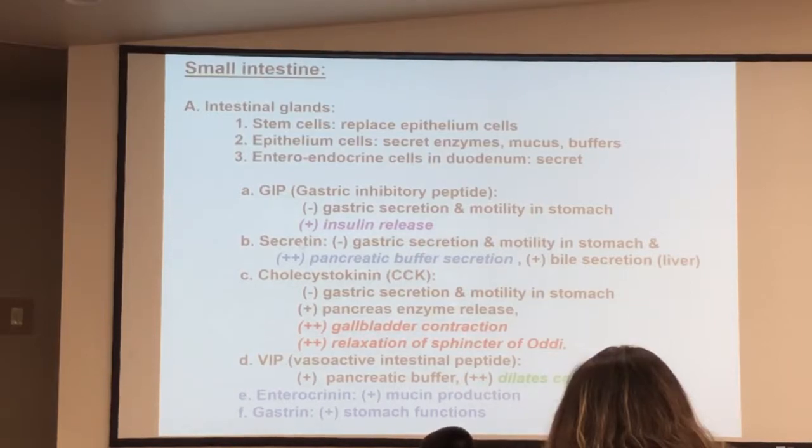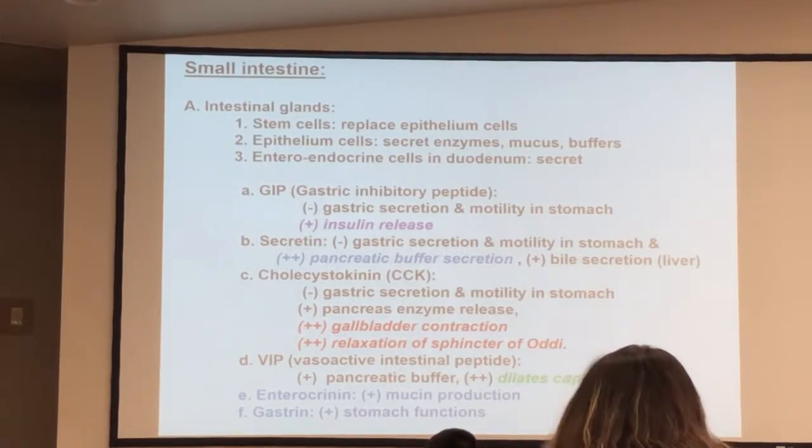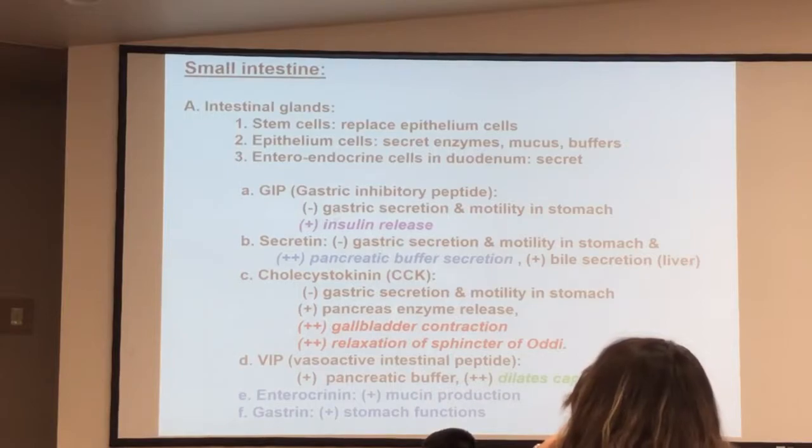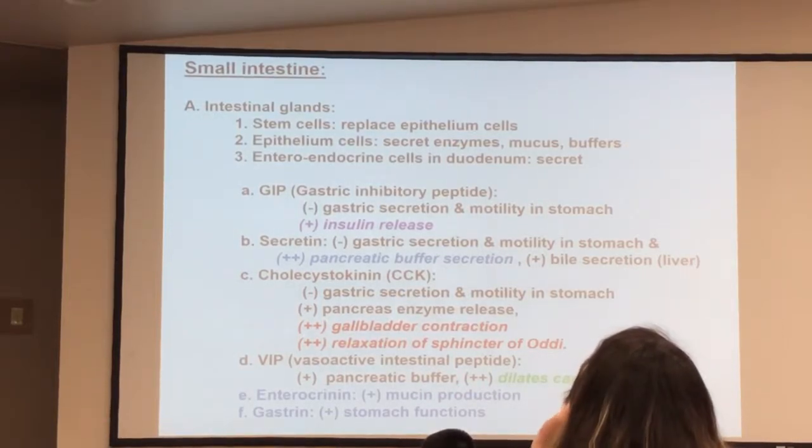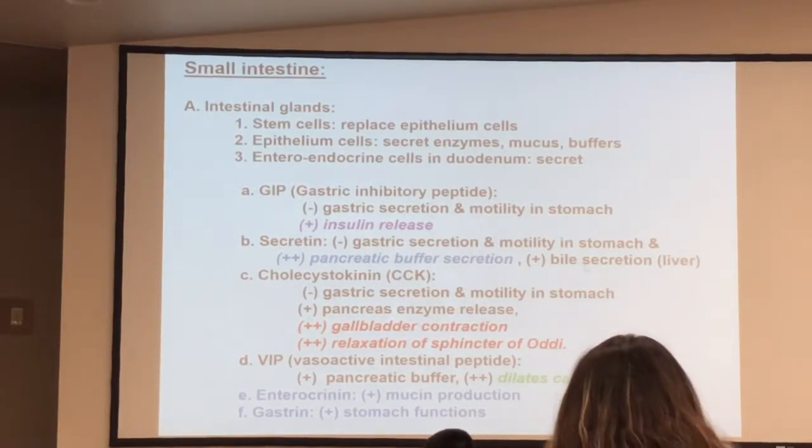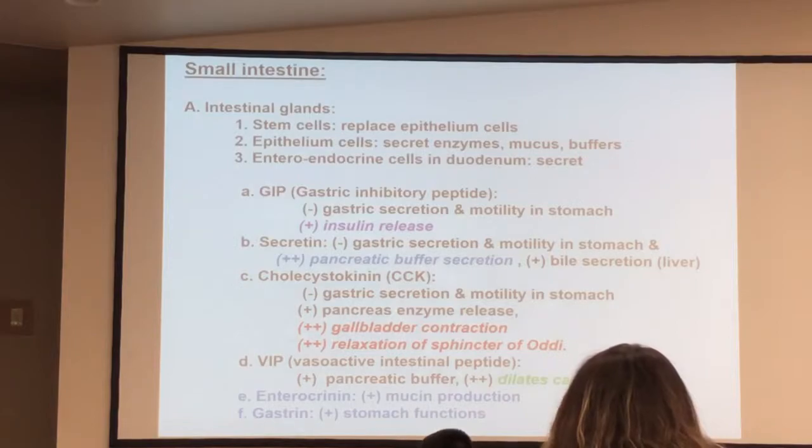Secretin will work on the pancreas. I put a double plus, the major effect: the pancreas produces alkaline buffer to coat the small intestine and prevent pH damage from the stomach. It also will increase bile secretion from the liver, producing more bile to help digest lipids.